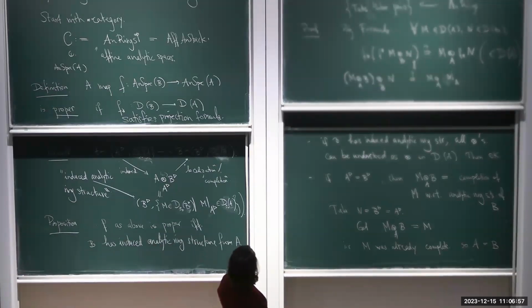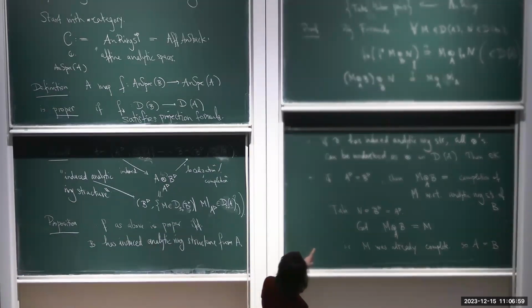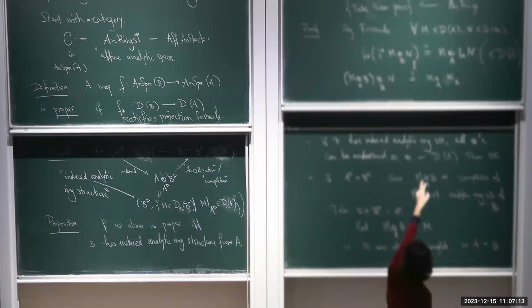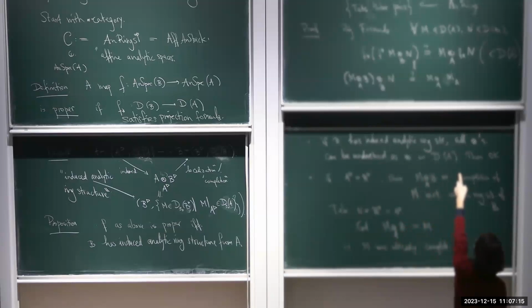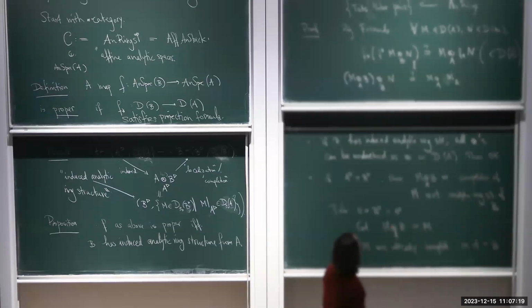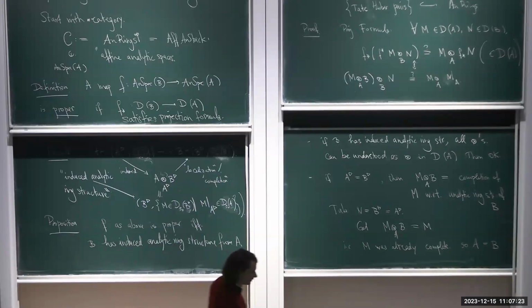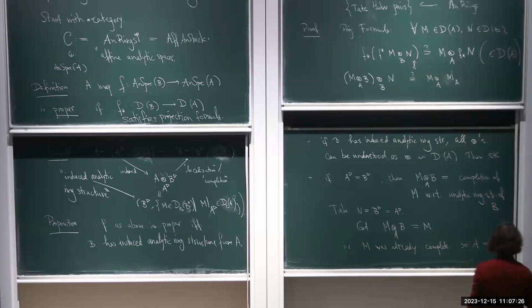All right, and so in general, you just have to do the same argument slightly more carefully. Namely, in general, you can just take N equal to B. Then the left-hand side becomes the base change of N from A to B in the sense of analytic rings. But the right-hand side is a base change of N from A to B purely in the sense of complete A modules. And that these agree is precisely the assertion that it's an induced analytic ring structure.